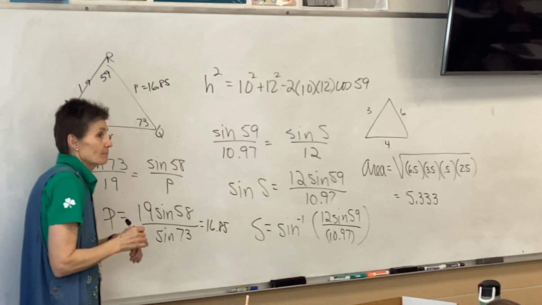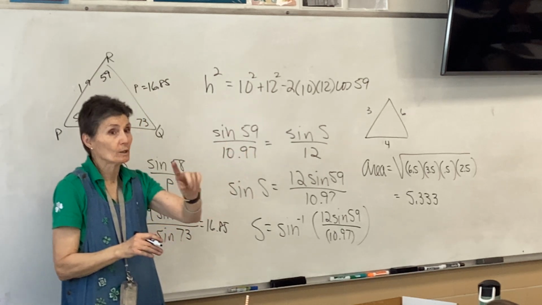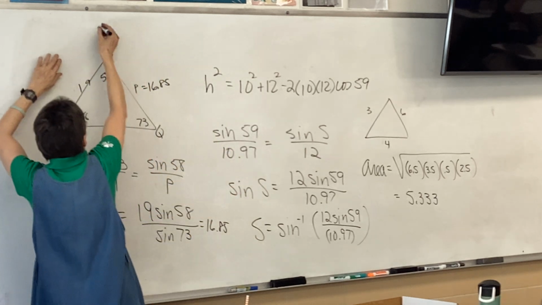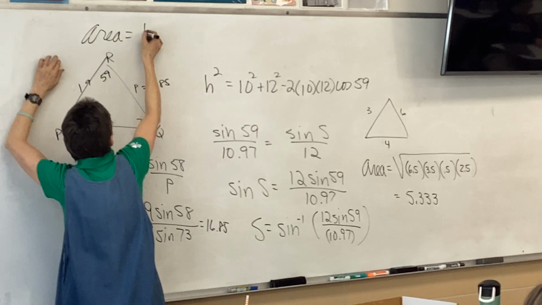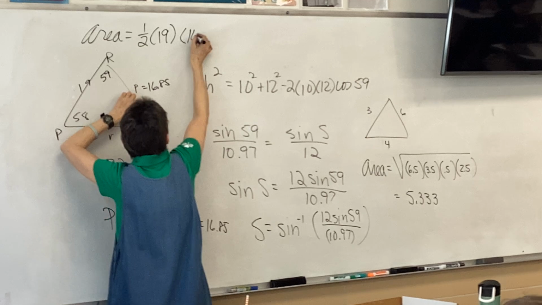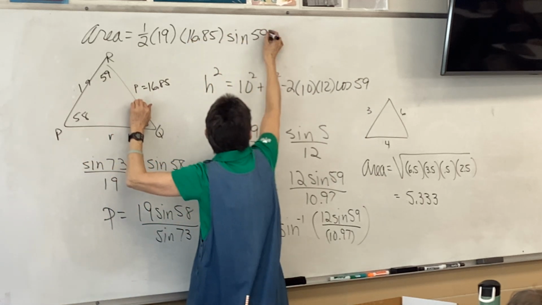We have to do the other one regardless, right? No, now you're done. Remember, what's your goal? Your goal isn't to solve the triangle, you're finding the area. And area is 1/2 side times side times sine of the included angle.